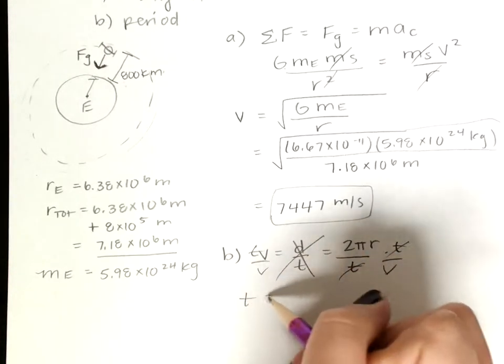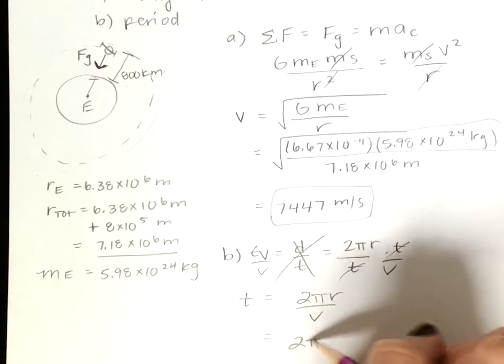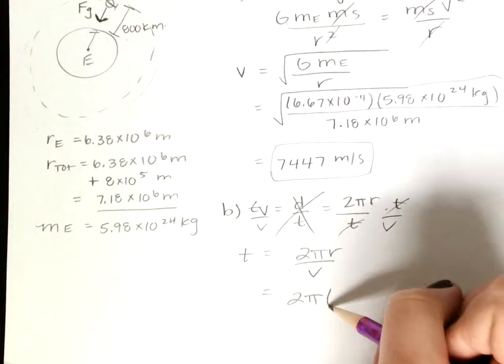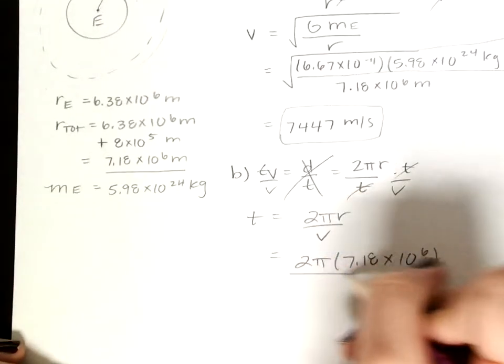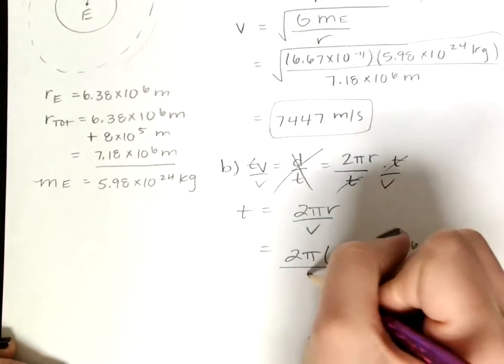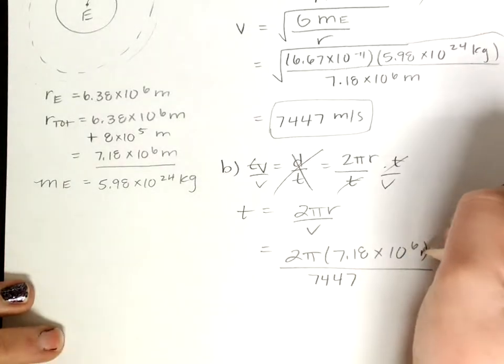You get t equals 2 pi r over v. If we plug in our givens, we get 2 pi times 7.18 times 10 to the 6th divided by 7,447 meters per second.